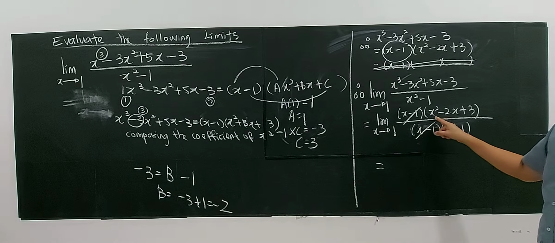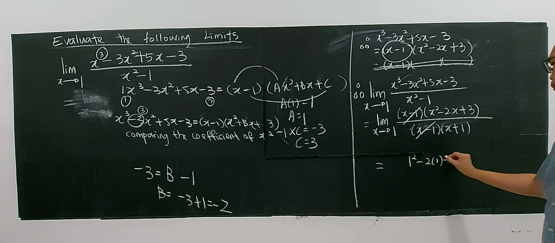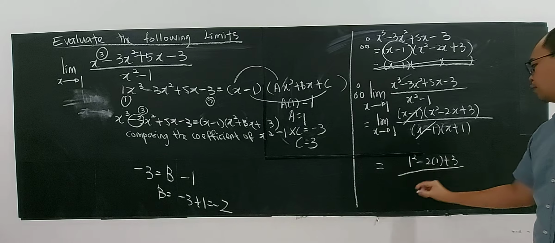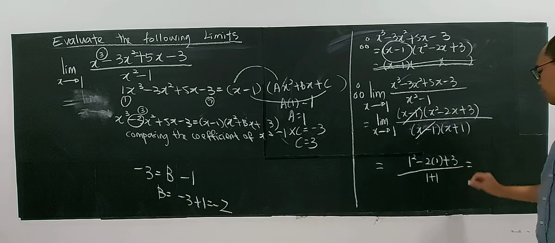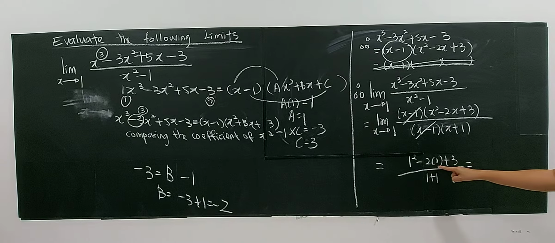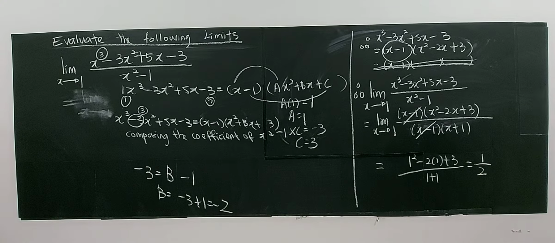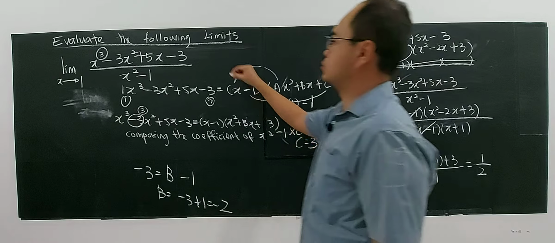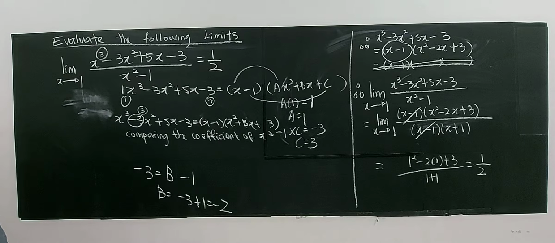So, you have 1 squared minus 2 times 1 plus 3 over 1 plus 1. Then you have negative 2, negative 2 plus 3, you have 1, 1 plus 1 you have 2. So the answer for this one is 1 over 2. When x approaches 1, the answer will approach 2.